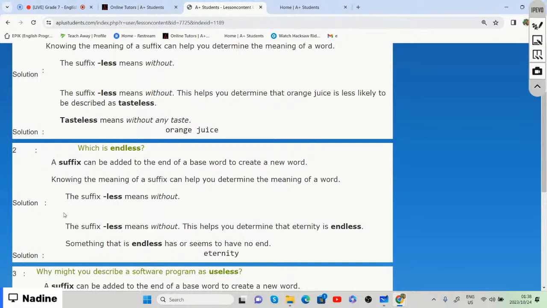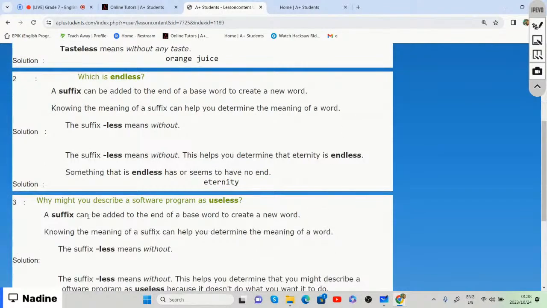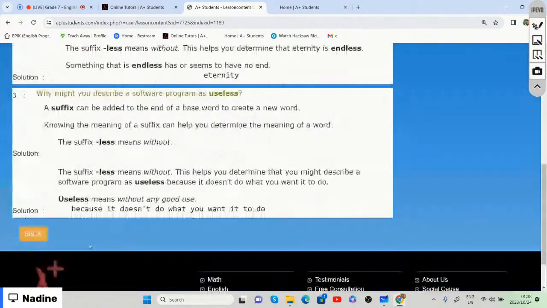And we said eternity is endless. And then why might you describe a software program as useless?